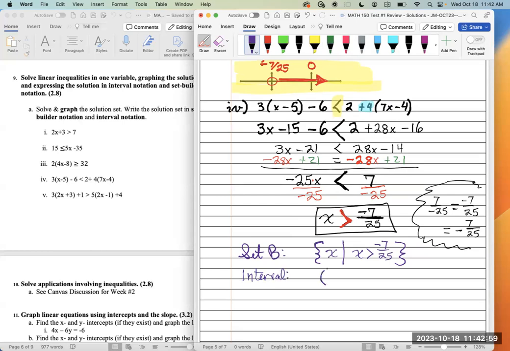It would be an open parenthesis of negative 7/25, comma, going on to positive infinity. So here's your set builder, and there's your interval. And again, the parenthesis next to the negative 7/25 is because my inequality does not include the equal portion. It's strictly greater than.